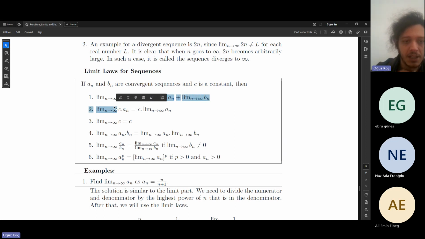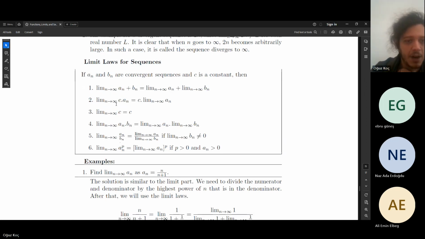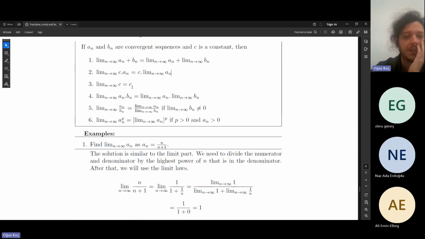This is our first law. And the second law, when we multiply the general term of a sequence by a constant, the limit can be written like this. We can take the constant outside of the limit, and it becomes c times the limit of a_n as n goes to infinity.